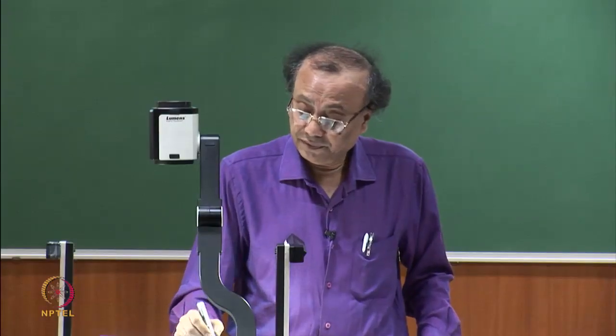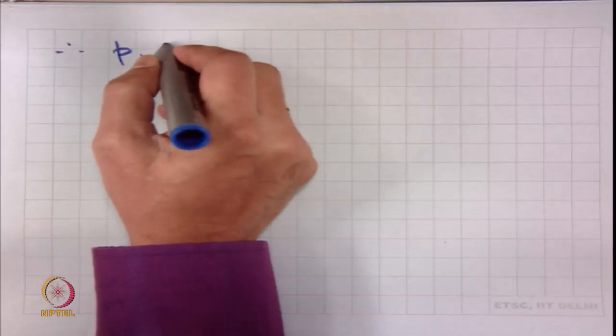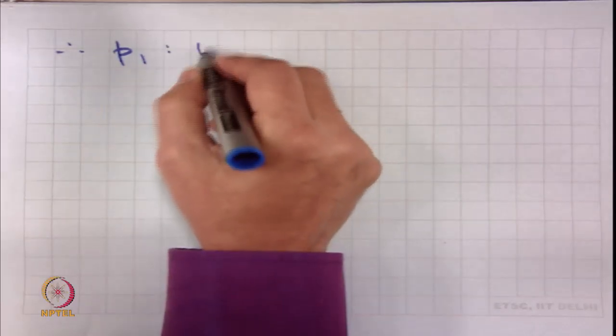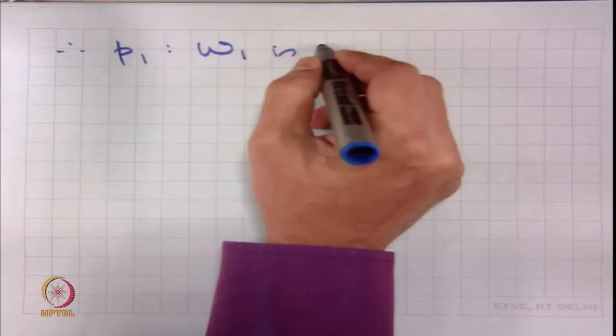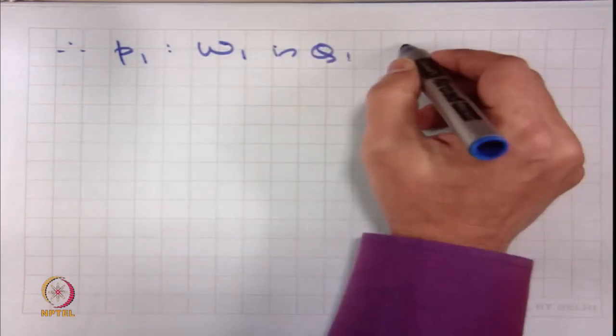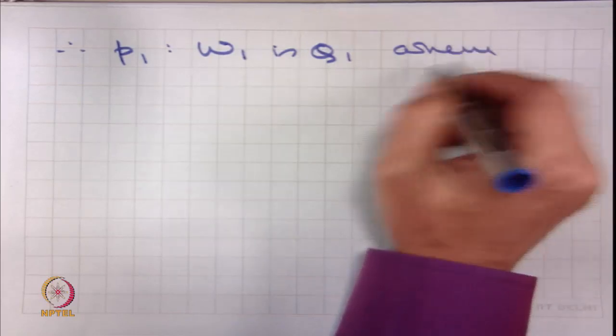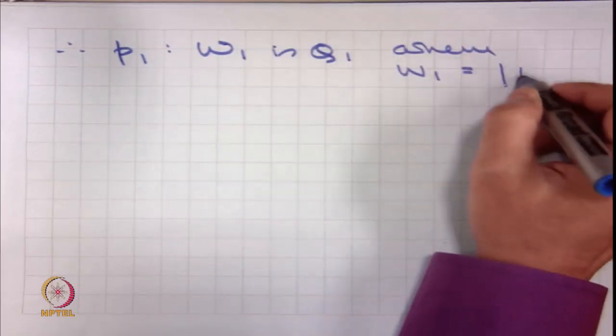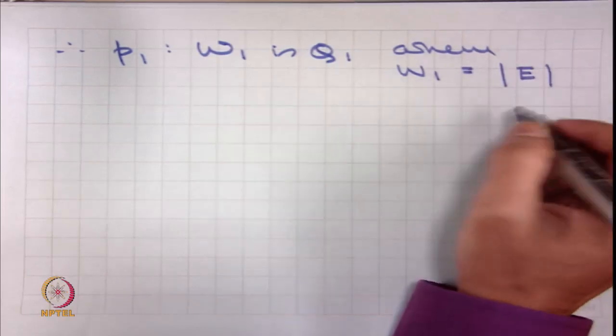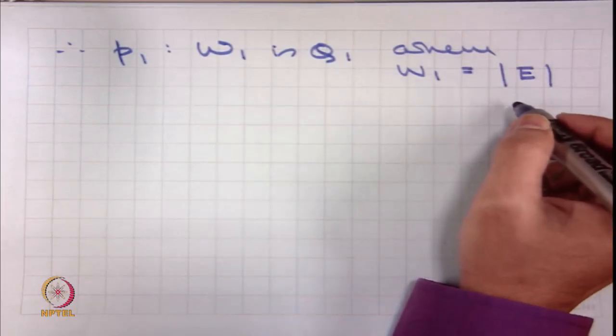Therefore, we have P1: W1 is Q1, where W1 is equal to the cardinality of the set E. Here we are looking at scalar cardinality.